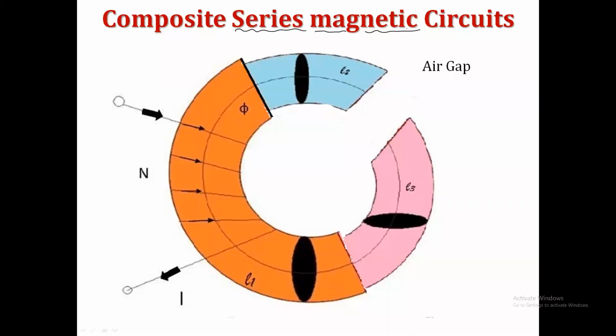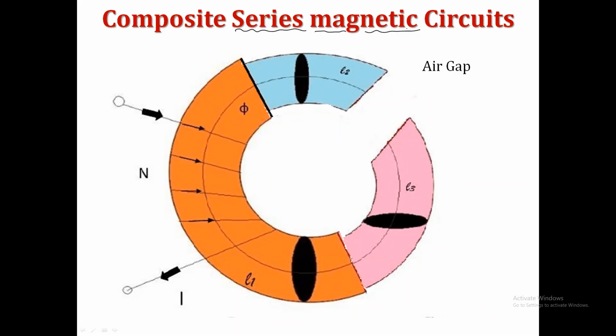Before discussing the series magnetic circuit concept, let's revise the series DC circuit a little. When did we call it a series DC circuit? When the resistances are connected end to end, and there is only one path for the flow of current, we call it a series DC circuit.